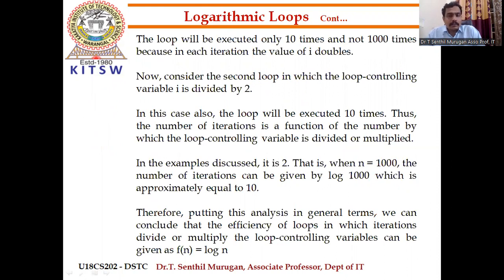In the second loop also, it is divided by 2, so it also takes only 10 times. So when we multiply and divide, it is used for log n. That is the logarithmic loop: it is used for multiplication and division operations on the control variables in the loop.